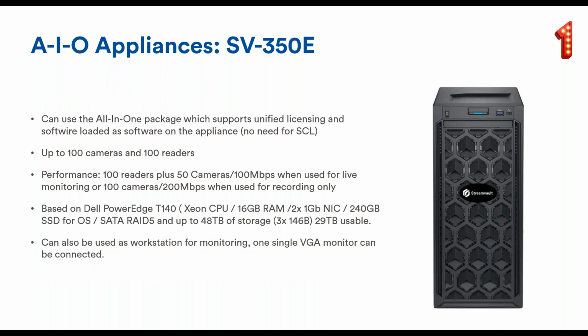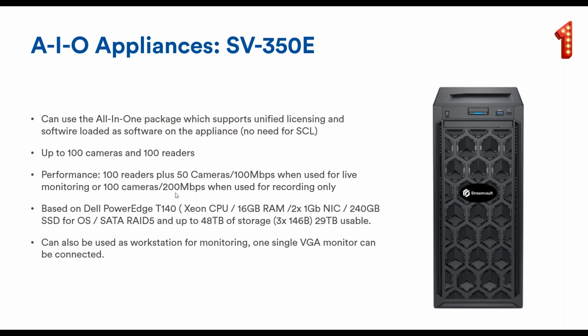The SV350E. We've come up with a new version of the SV300 to bring a bit more capabilities. This one can do up to 100 cameras and 100 readers, but when used as an all-in-one, being a workstation as well as a server, you can go up to 550 cameras and 100 megabit per second.